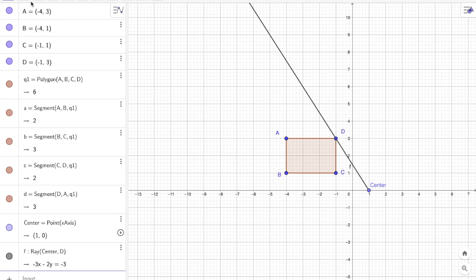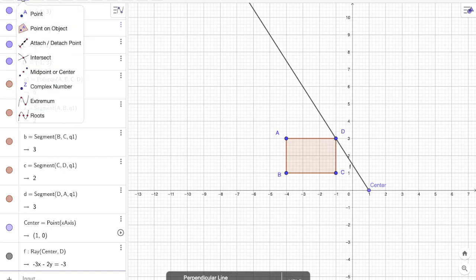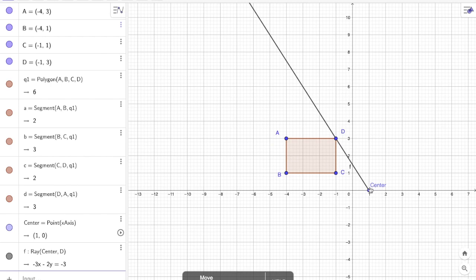So that means if we're dilating this by a scale factor of 3, then the distance from the center to our image, which is somewhere on this line, should be 3 times as much as the distance from the center to the pre-image.